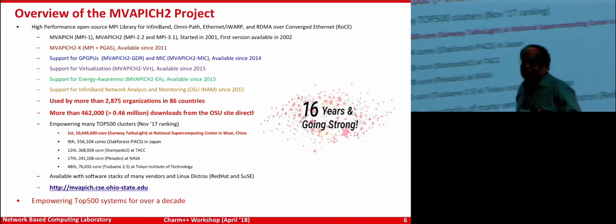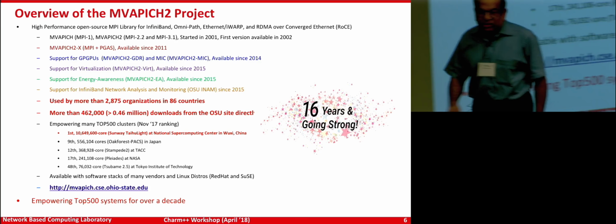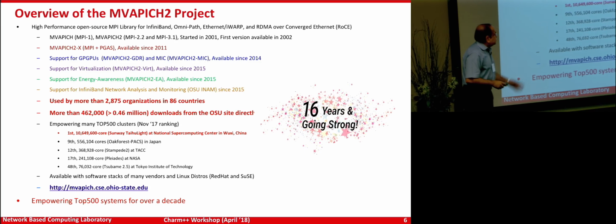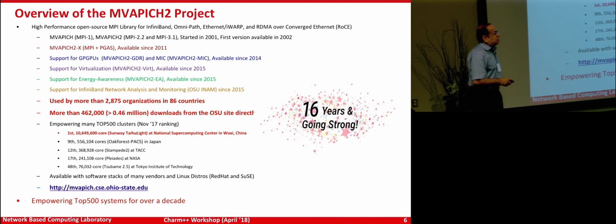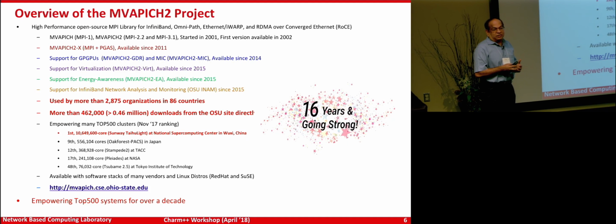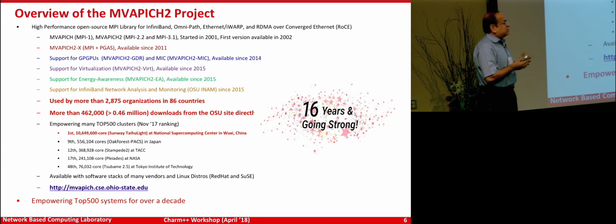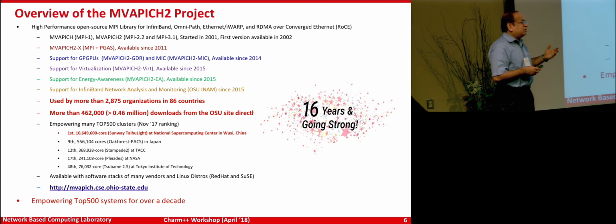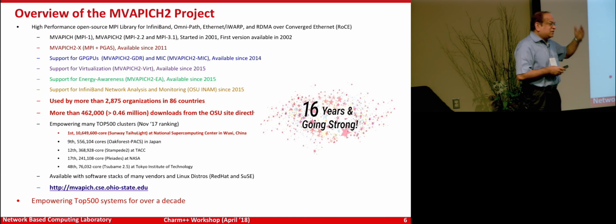So this is where the MVAPICH project, as Sanjay introduced, we have been working almost 16 years and going very strong. We started this project almost on day one of InfiniBand. If you remember, it was 2000 when InfiniBand was introduced. Prior to that, we were working on Myrinet, Quadrics, all the prior systems, but we never had a software release.